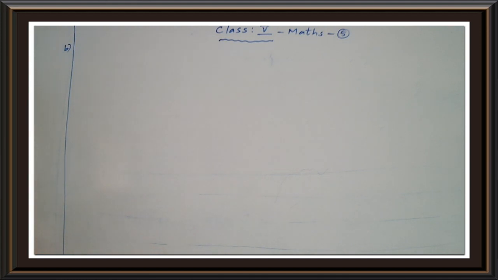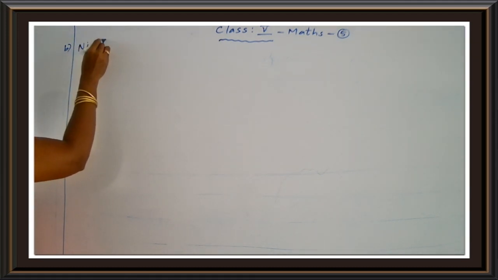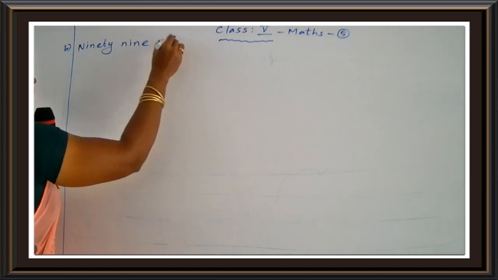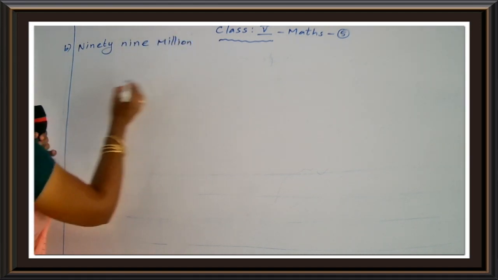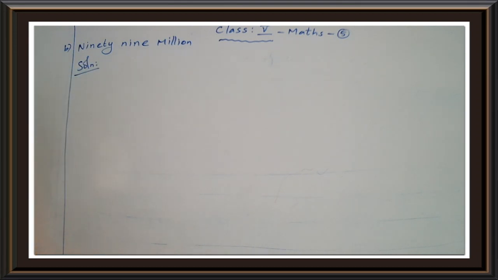In fourth question, B part, make a place value chart only. So, the question is 99 million. Only one period is given. 99 million. So say the answer.